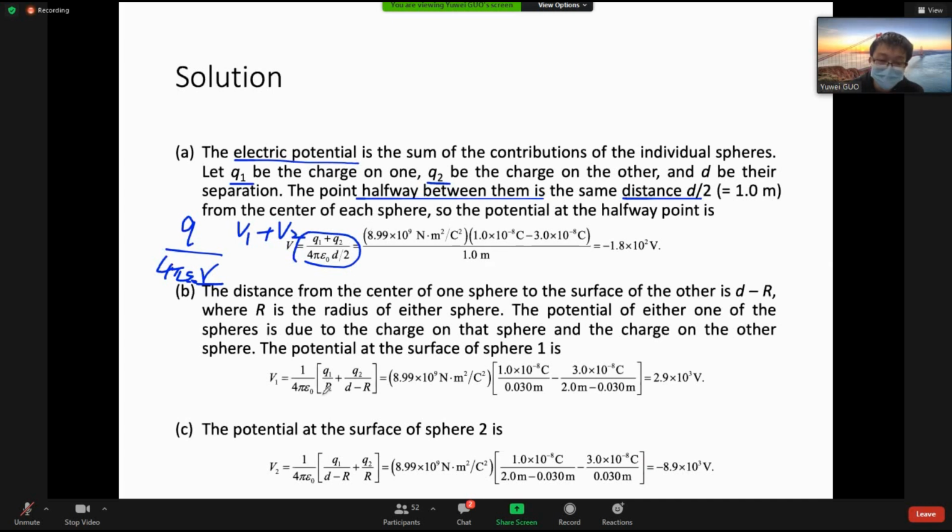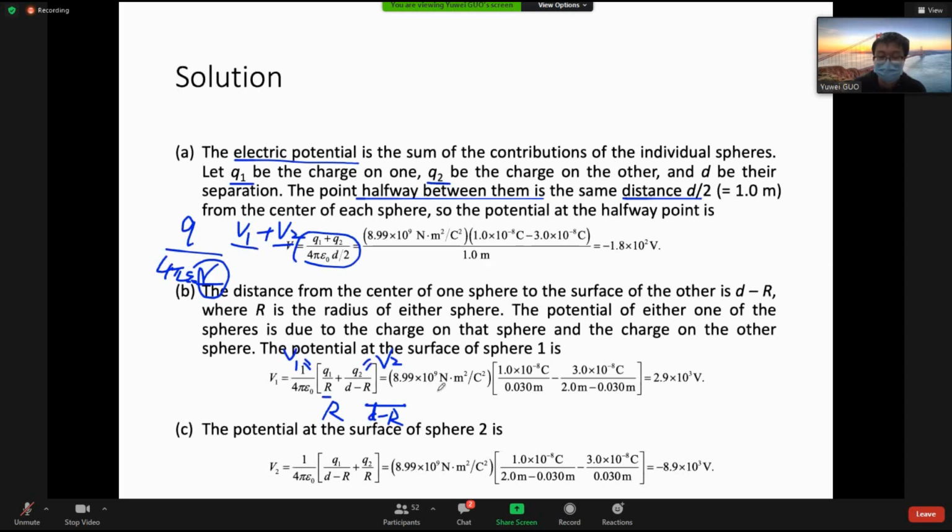The first one's distance is R, the radius of the first one, and at this point, the distance from this point to the Q2, sphere 2, is D minus R. So there is a little difference of the R for the V1 and V2, so we can express them separately. This is V1, this is V2.